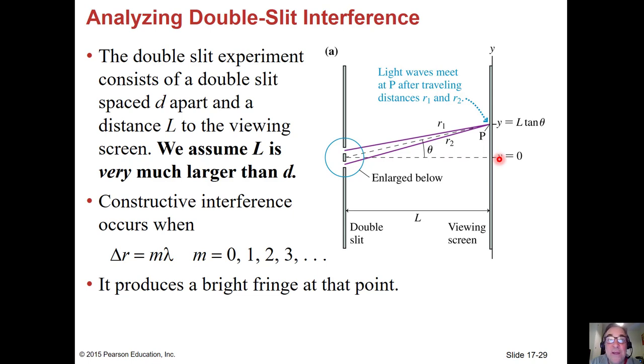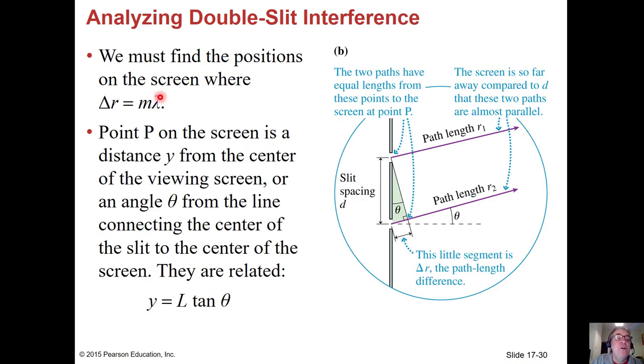So the tangent of theta would be y over L. If you solve for y, you get L times the tangent of theta. That's where this is coming from, just from some trigonometry. So we must find the positions on the screen where this path difference length is a multiple of the wavelength. So this is a little bit of a derivation of this whole part here.